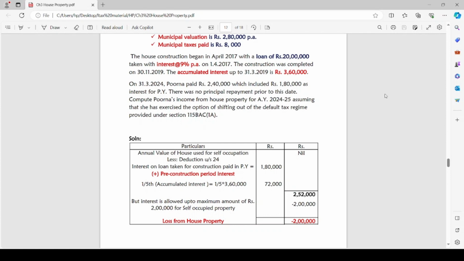So, Purna can claim only rupees 2 lakh as deduction under section 24B. Since the net annual value is nil, the loss from house property will stand at rupees 2 lakh for Purna for the assessment year 2024-25.